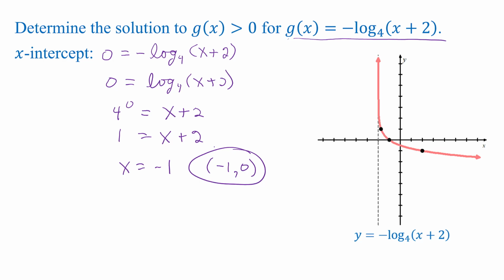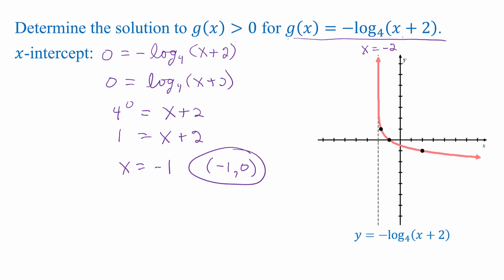And so from this graph, I get some other information too. Keep in mind when we graphed this function a bit earlier, we had the vertical asymptote, x equals negative 2. So really, all I need to do is keep this x-intercept in mind and pay a little bit of attention to the graph. Even though it looks like on these logarithmic graphs that we're touching that vertical asymptote, we're really not. We're just getting super close to it.